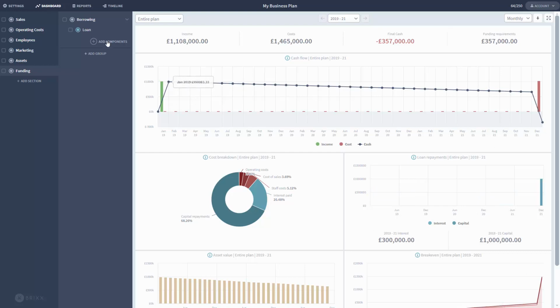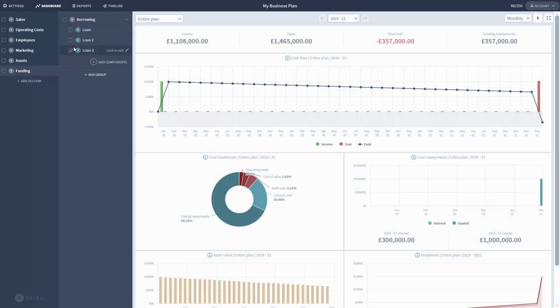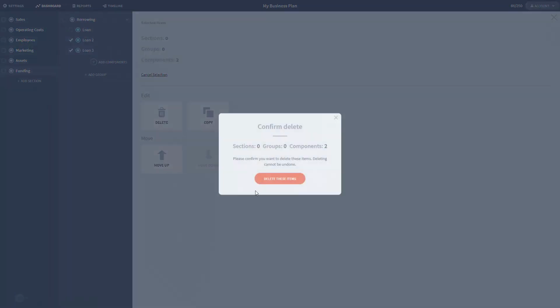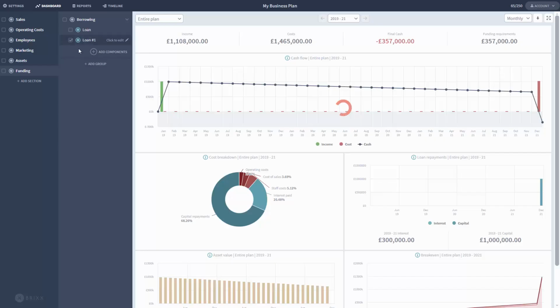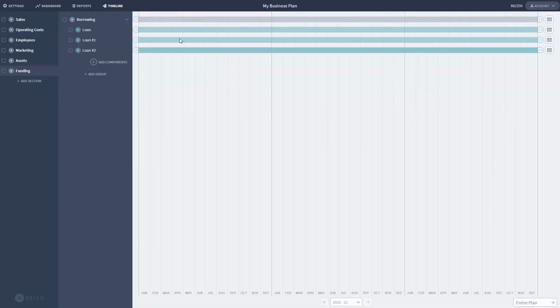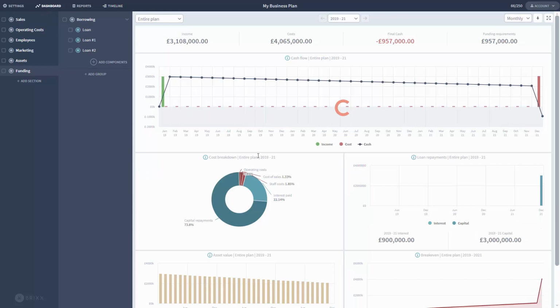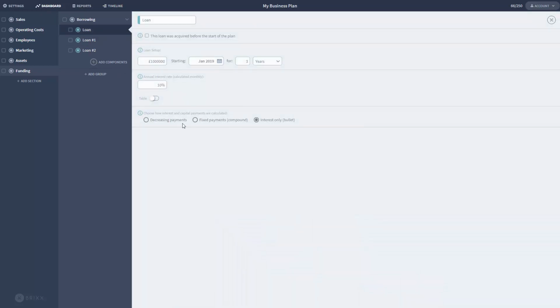And if you had multiple loans going on, actually let me just make a copy of the first one, and that'll be more interesting. So for example, if we had multiple loans, and they're all coming in at different times. I'm just using our timeline at the moment to quickly demonstrate that. Then we're in bullet loans.